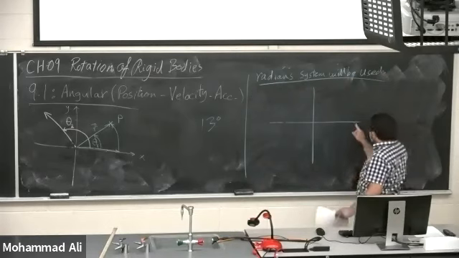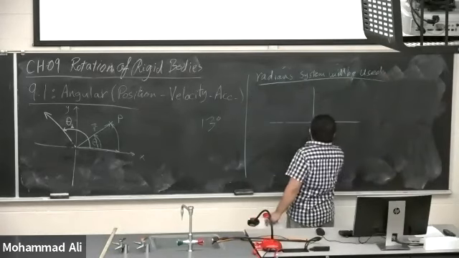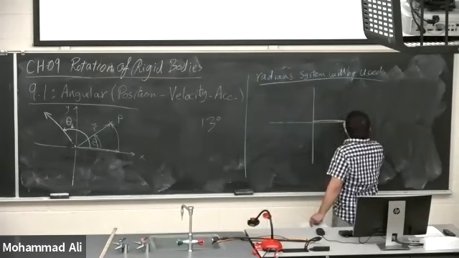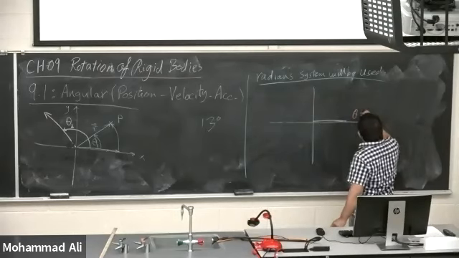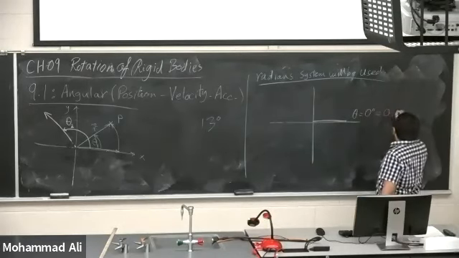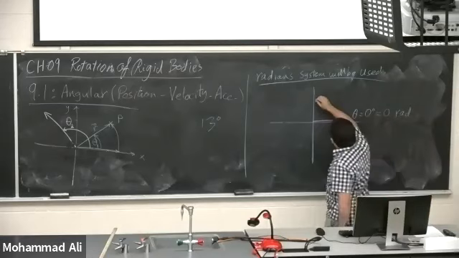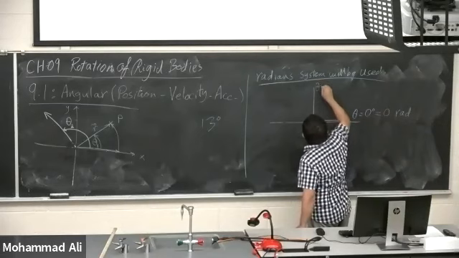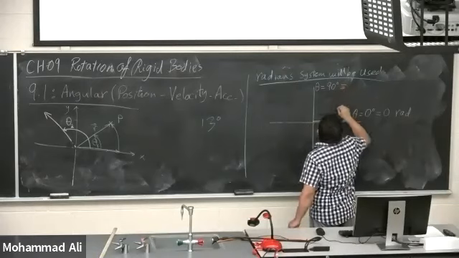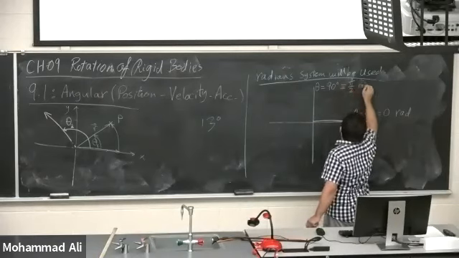If I need to draw an angle, this theta is equal to 0 degree, and it is equal also to 0 radian. This theta equal to 90 degrees, which is equal also to pi over 2 radians.